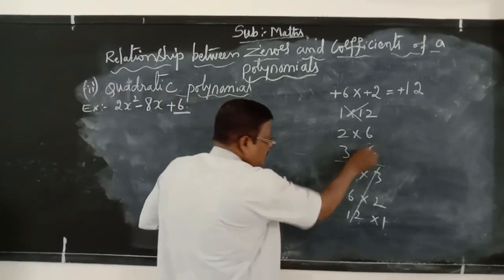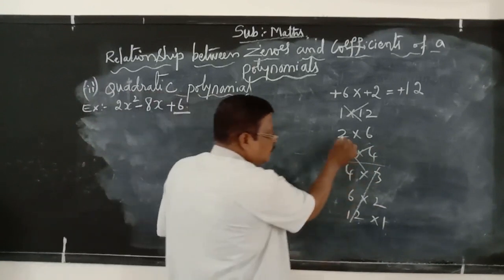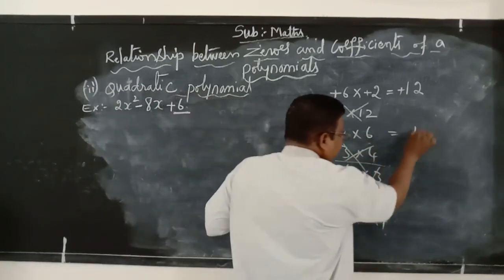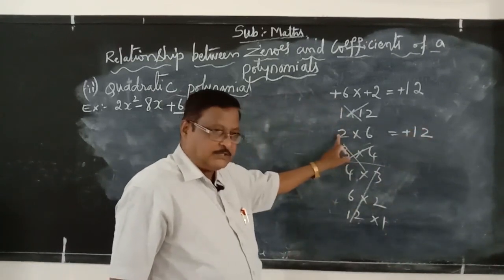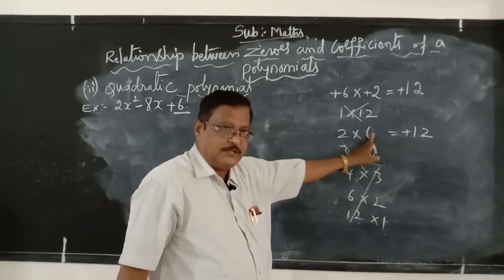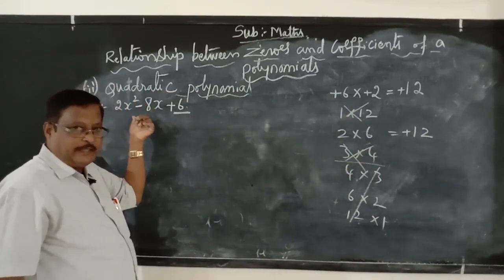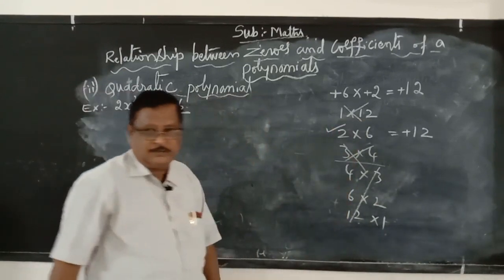This is also not suitable for this problem. Next here 2, 6, 12. Here 2 6 12 means 2 plus 6 is how much? 8. Here the coefficient of x is 8. This is the suitable table for this problem.